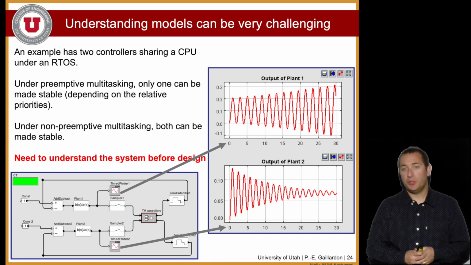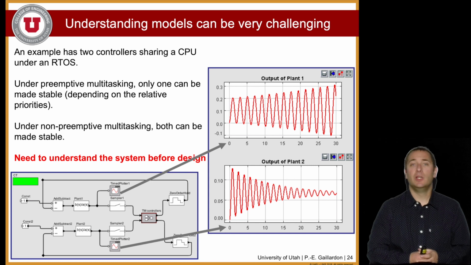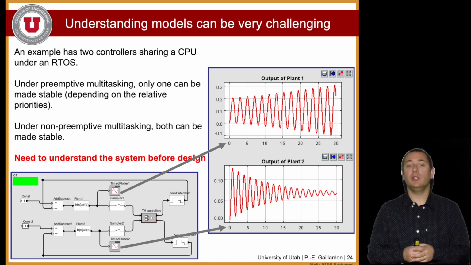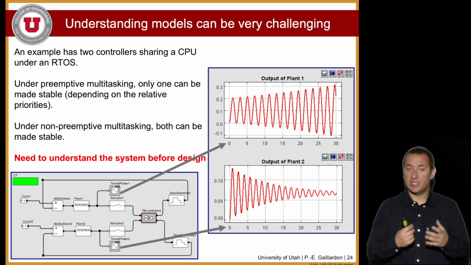Now, obviously, understanding models can be very challenging. Here's an example of what happens when you have two controllers, so you're controlling two systems, sharing a single CPU using your real-time operating system.